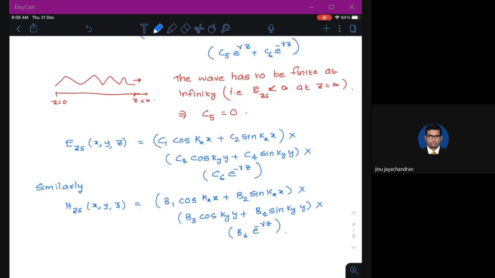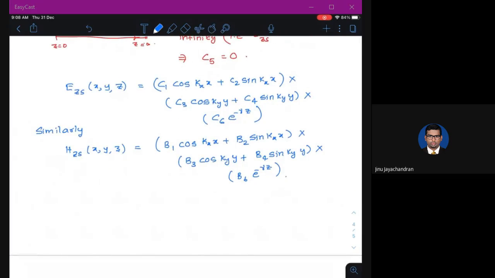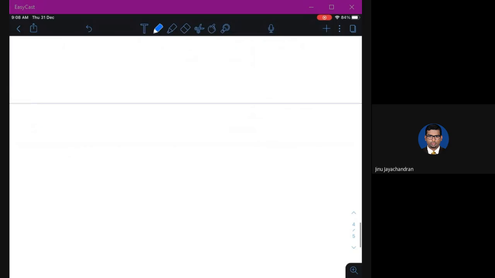Okay. So this is the general equation that we have derived. Now what we are going to do is apply boundary conditions to this equation for each TM wave and TE wave. And then we are going to see what is the final expression of electric field for a TM wave and for a TE wave. Okay. So let's do that.